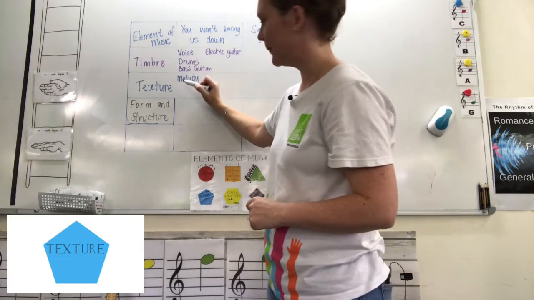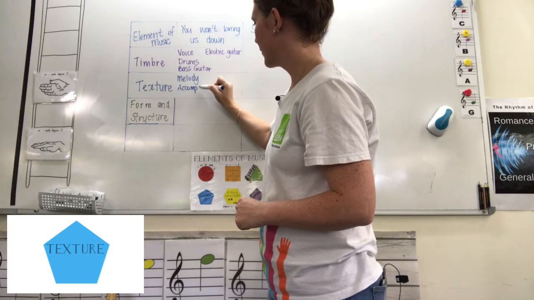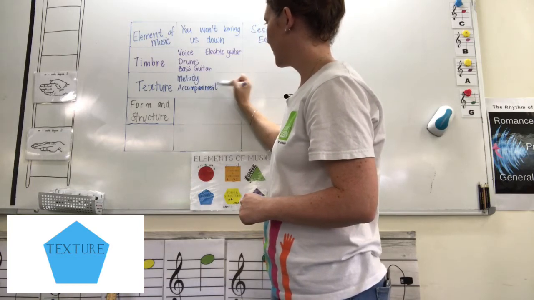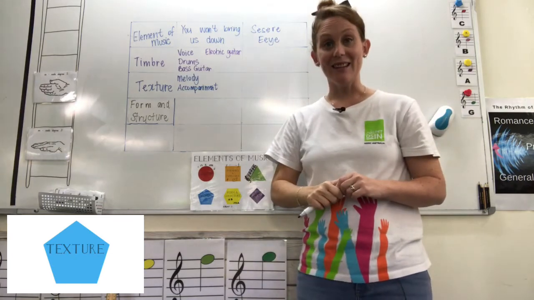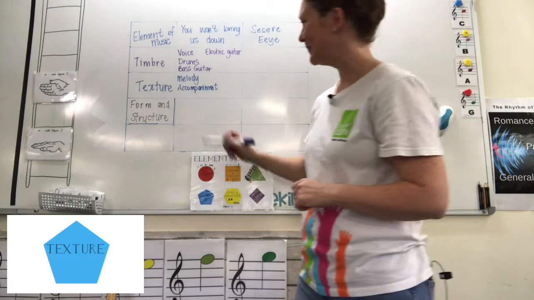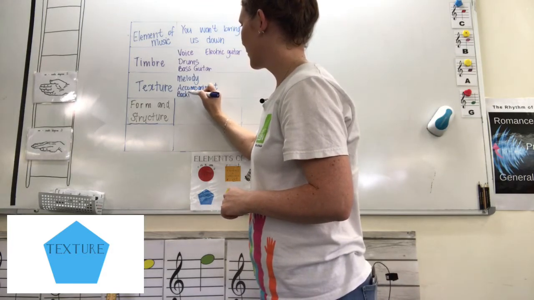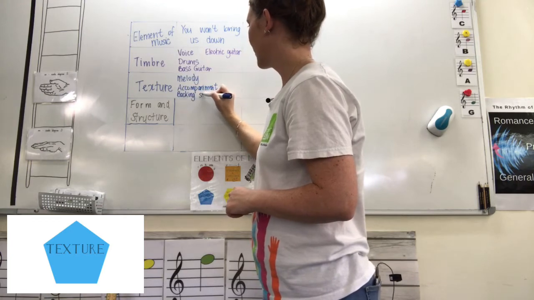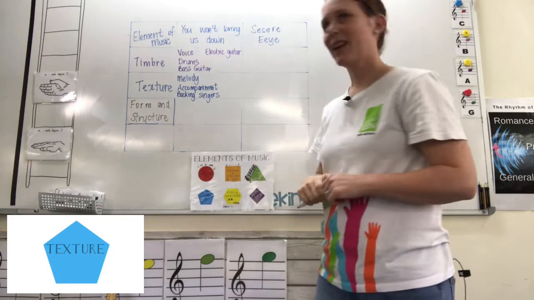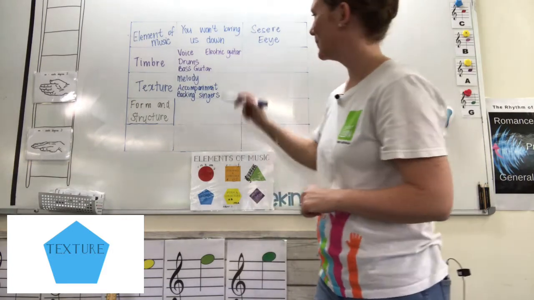That's a tricky word. And at the end, did you hear some extra singers? That's another layer. And you might have even heard some harmony that's different to the melody.